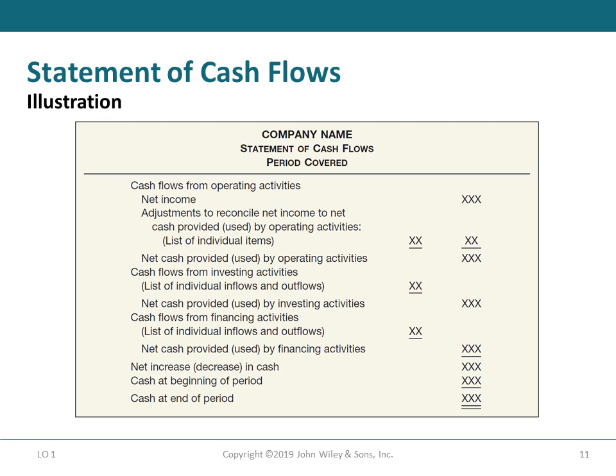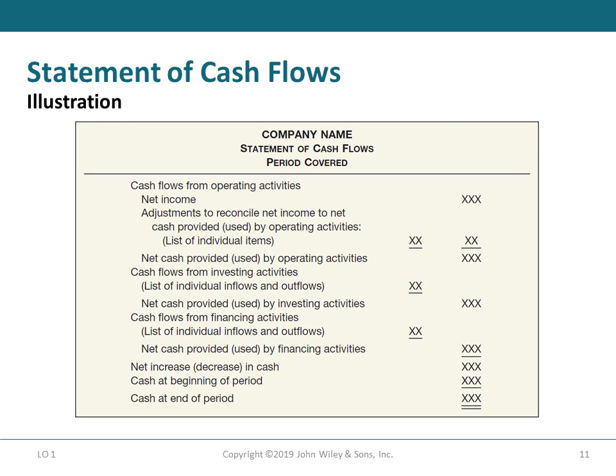So we start with net income and adjust it to cash flow provided or used by operating activities. There we have a list of items which includes cash inflows and cash outflows of operating activities, to end up with the net cash provided or used by operating activities.